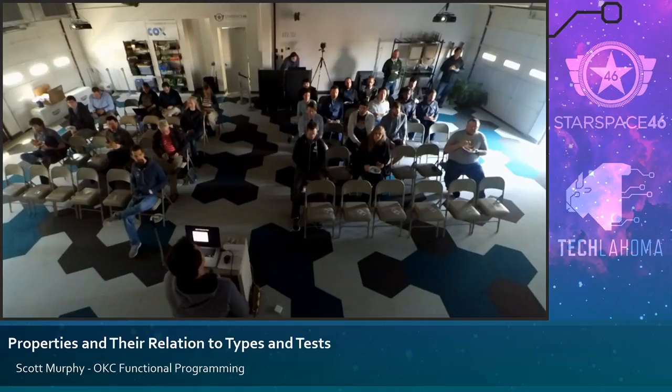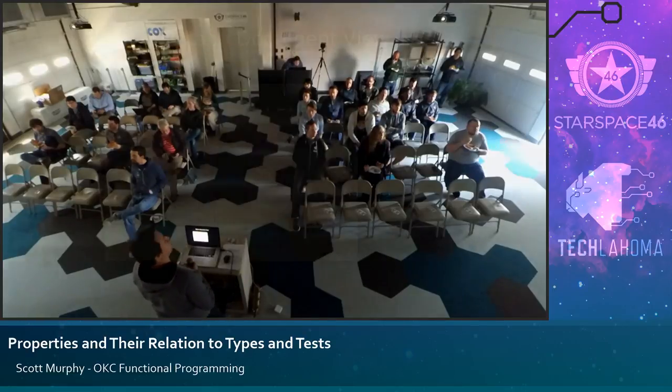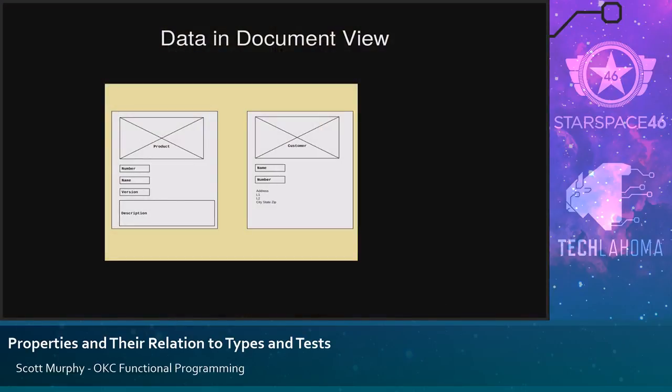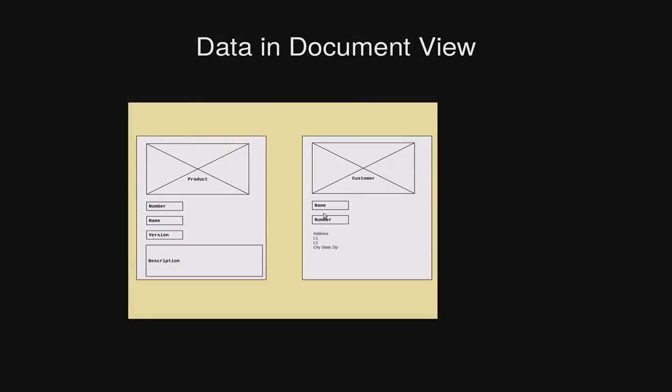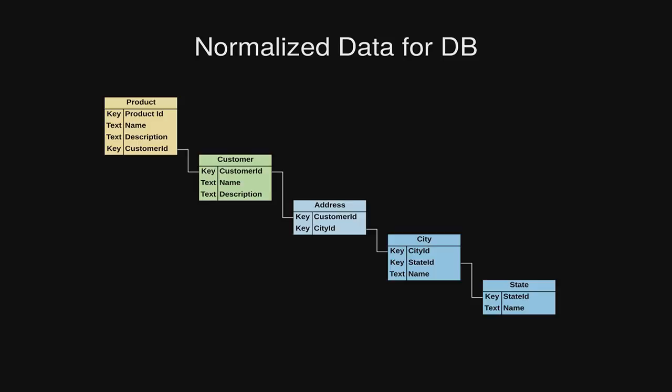Whenever you're doing programming, you're usually presented with some sort of way that you want your data to look. For instance, you might have some sort of product database and you're creating a view for that product database. You'd have a product, a customer perhaps, some information about each of those things. However, when you're storing that data, you might want it stored in a different way. For instance, normalized for a database.